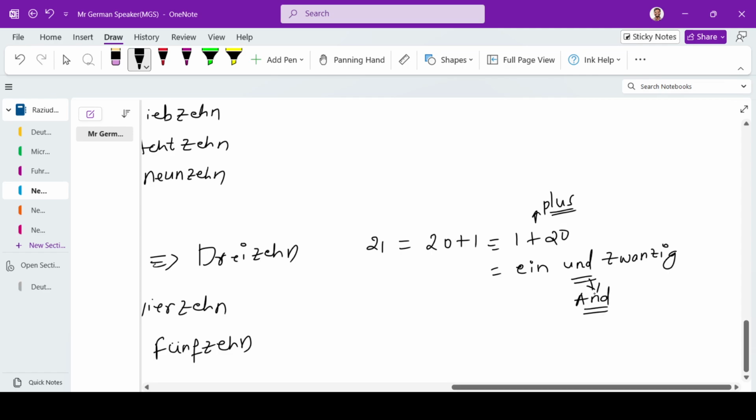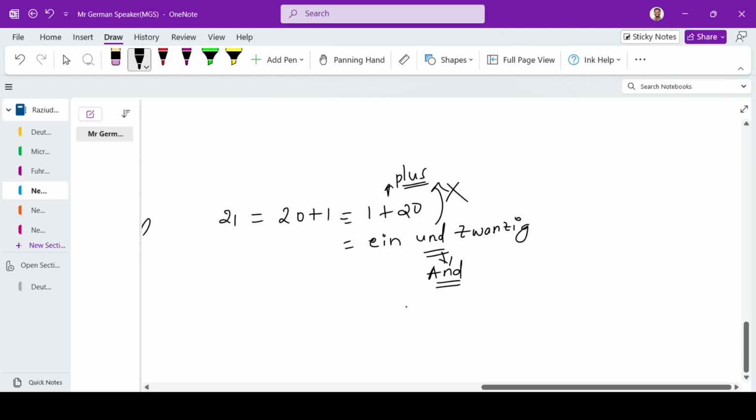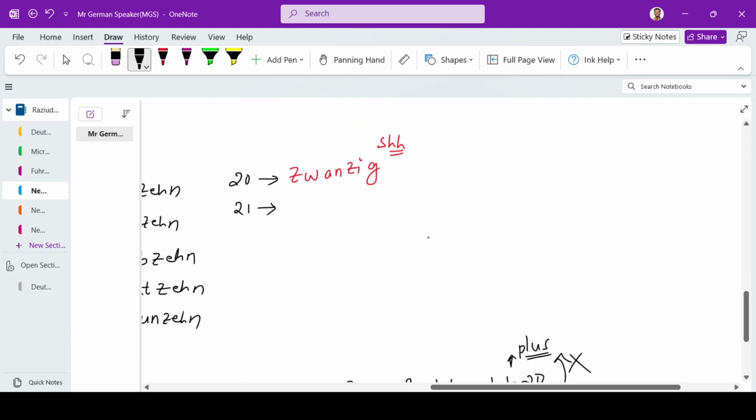So und represents and. It does not represent plus. But we have to write it like 1 and 20. 1 and 20 equals 21. So this is how the German number system should be written. So I write it like ein und zwanzig.